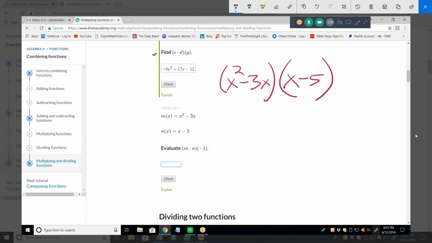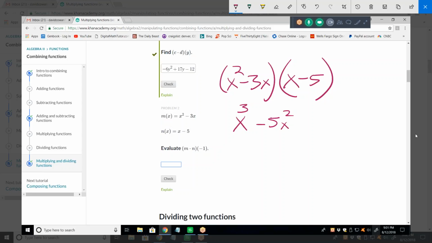So it would be x cubed minus 5x squared. It's just best to do these one step at a time and then simplify, rather than trying to do those two middle steps at once in your head.